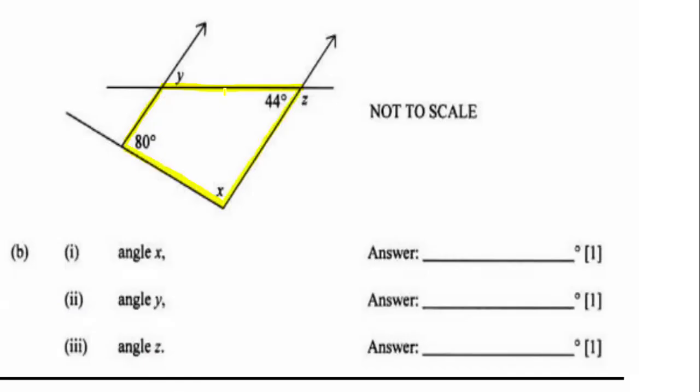That's why we call it quadrilateral. That's the first thing we're gonna think about: maybe we have to apply something about the quadrilateral, and we know that angles in the quadrilateral add up to 360.